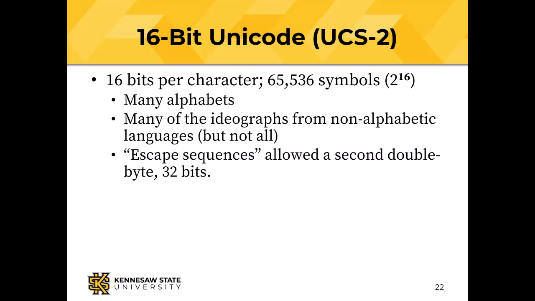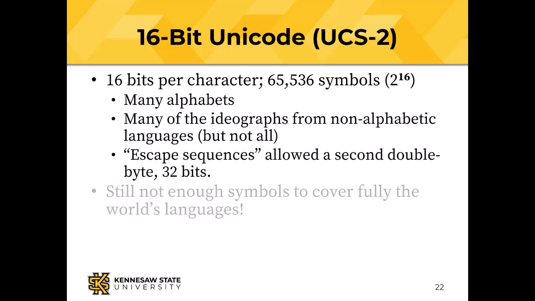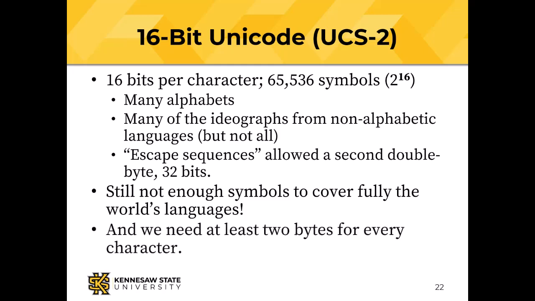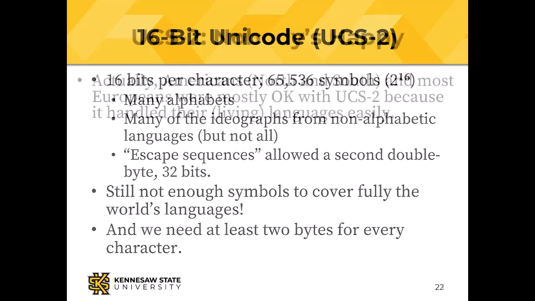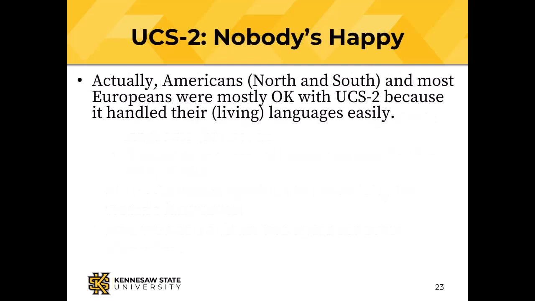And 16-bit Unicode included escape sequences that could say another 16 bits is coming. And that means we could use up to 32 bits to represent some characters. Because the first 16 bits were an escape sequence, we still didn't get enough values for 200,000 symbols, not enough to fully cover the world's languages, and worse than that, we needed at least 2 bytes for every character. Nobody was very happy with UCS2.